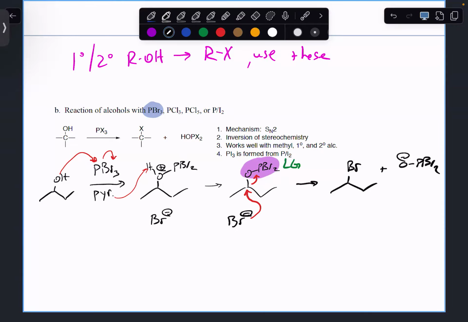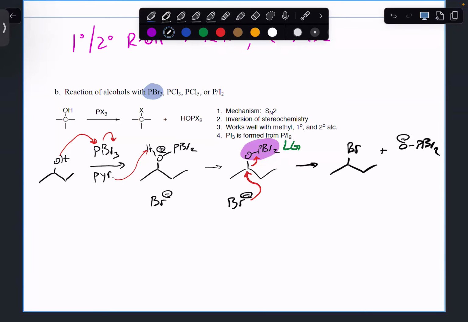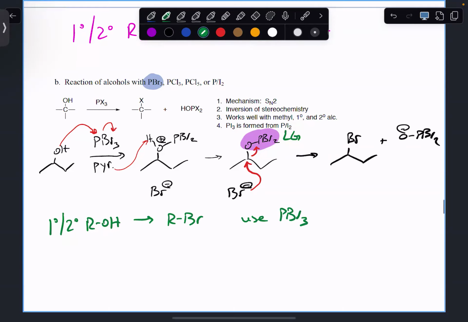So I guess the take-home message in all of this is, if you want to take a primary or secondary alcohol to the bromide, use PBr3.